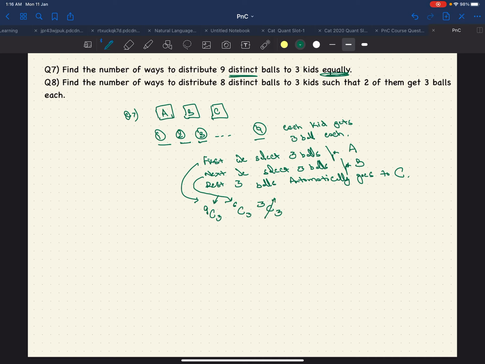This is automatically 1 because the rest of the 3 balls are anyways going to C, and therefore 9C3 into 6C3 is the required answer.